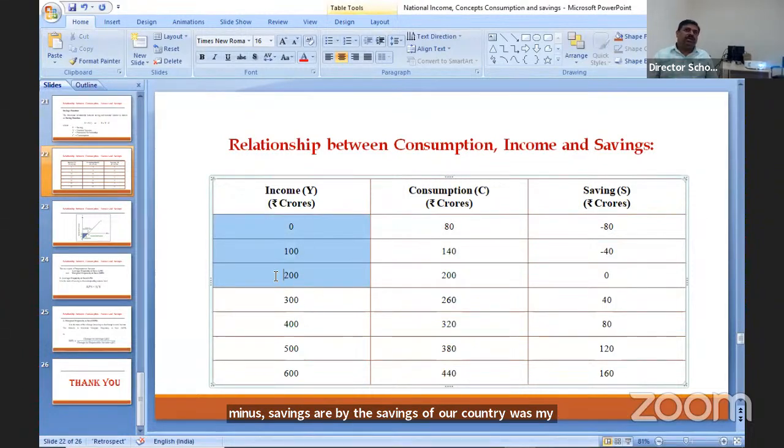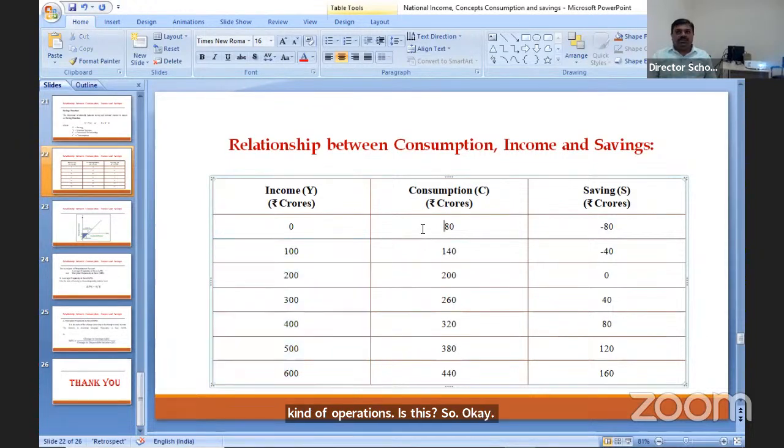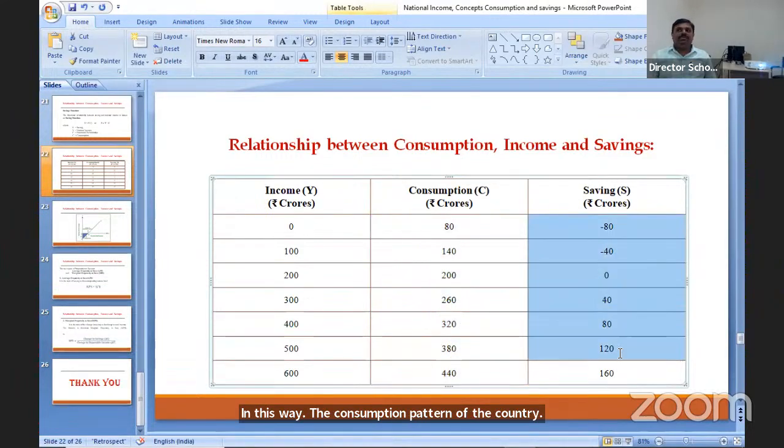But onwards, the country started to develop in every way, and therefore we are able to save with the help of technological upgradations. In this way, the consumption pattern of the country changed, and according to that, the savings pattern of the country also changed.